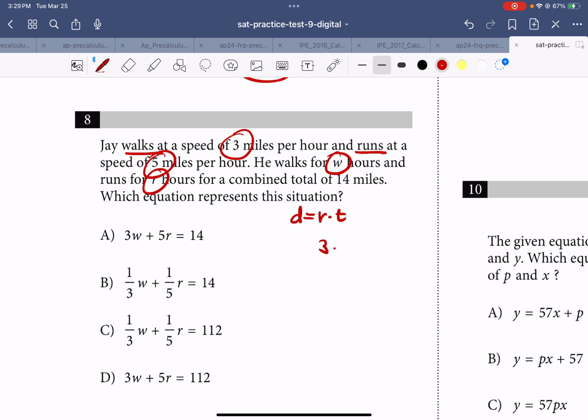So 3 times W hours, right? 3 times W, that's the distance by walking. And the distance by running is 5 miles per hour times R hours, right? So the total number of miles is 14. So that represents this situation. So A will be the answer. Okay.